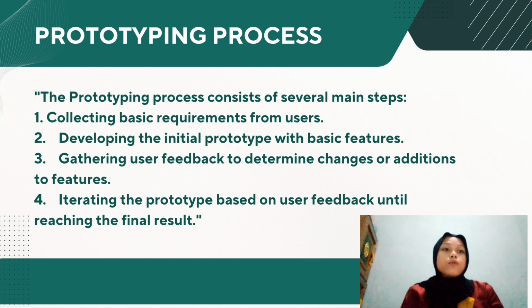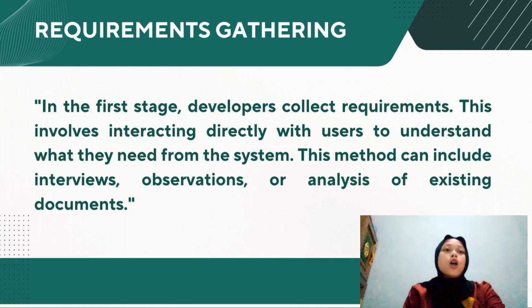Gathering users' feedback to determine changes or additions to features. 4. Iterating the prototype based on user feedback until reaching the final result. We will explain each step in more detail, starting with requirements gathering.